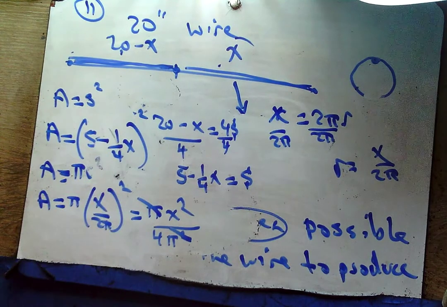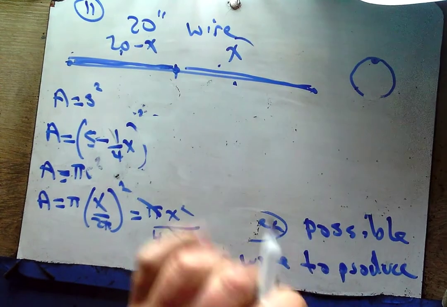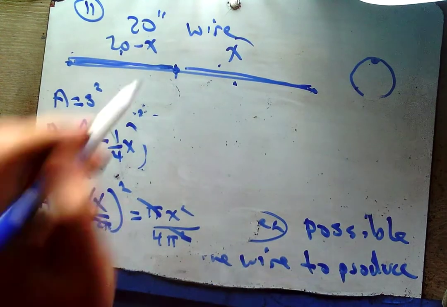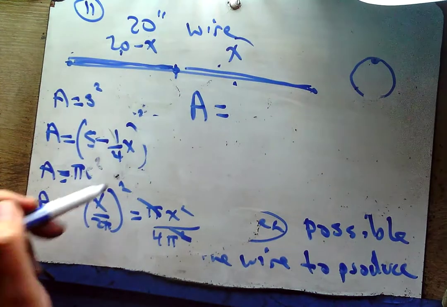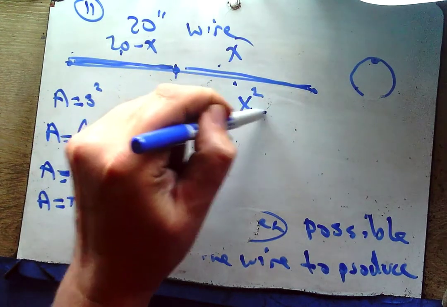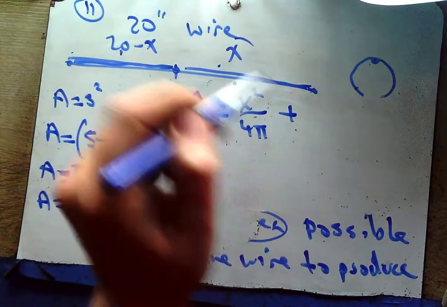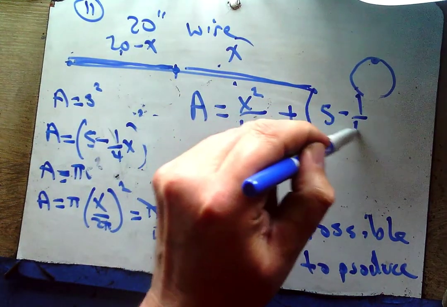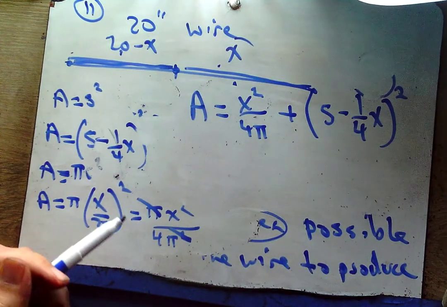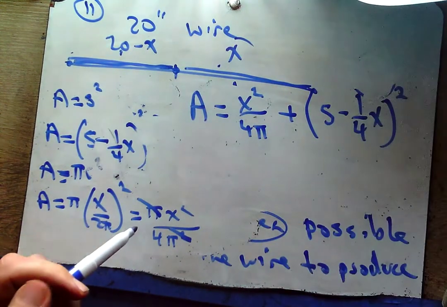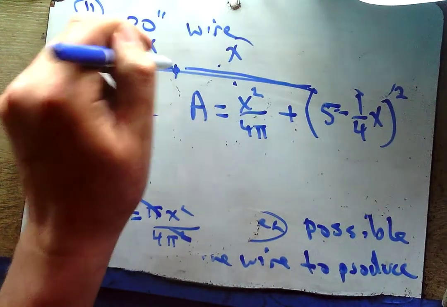And I want the combined area to be as big as possible. So the combined area is going to be x squared over 4 pi plus (5 minus 1/4 x) squared. There we go. There's my area as a function of x, where I cut.